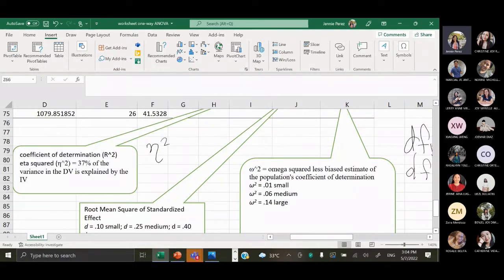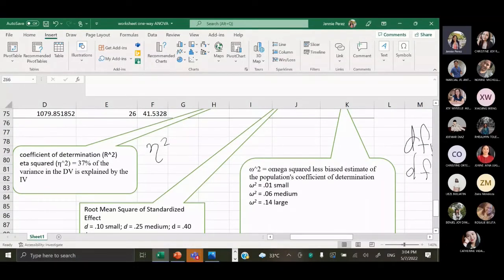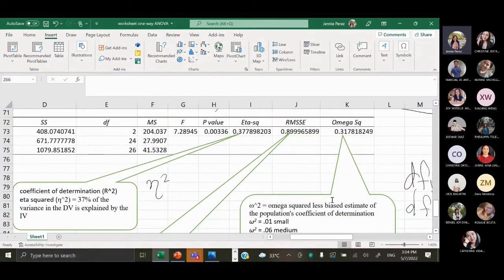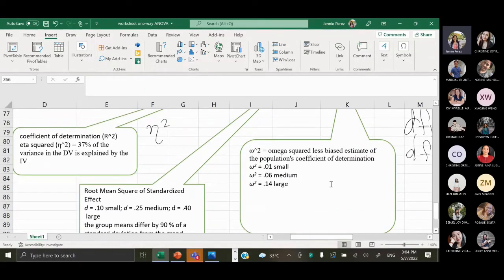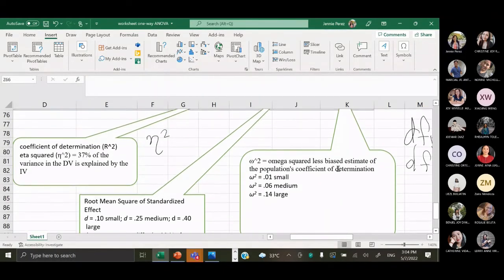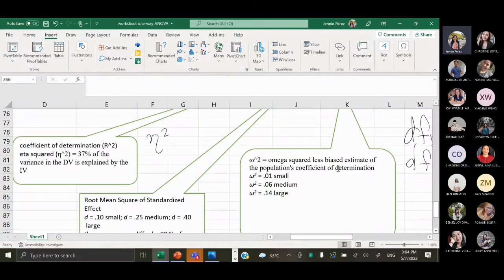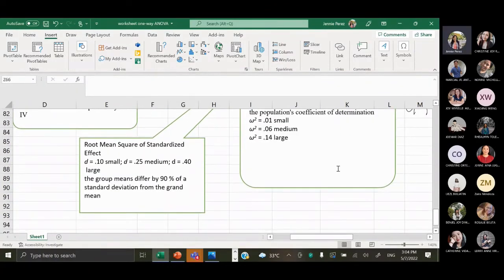If the omega squared is 0.01, that would be small. Now if it is 0.06 to 0.13, that would be medium, and 0.14 and above would be large. So we have here an omega squared of 0.31 or 0.32, that would be a large effect size.